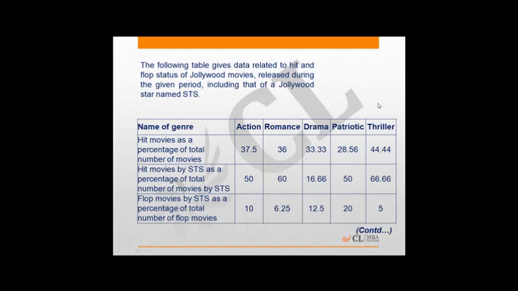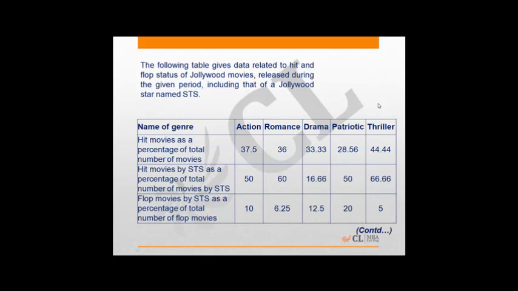Now total movies data I have. We know that in action we have 192 total movies, in romance we have 250, in drama we have 300, in patriotic we have 77, and in thriller we have 216 movies. Now if we look at table 2, it says hit movies as a percentage of total number of movies.